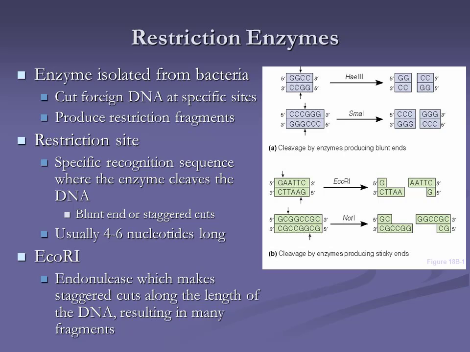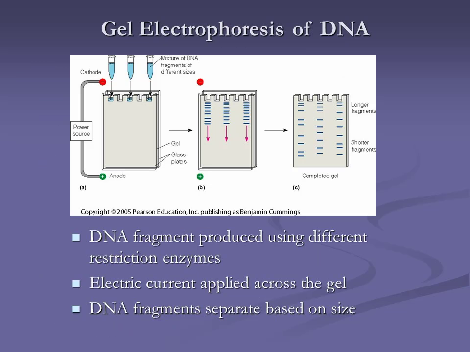And so we use these restriction enzymes to tell us a lot about the DNA that we're investigating. When we make our cuts, we usually take the fragments of DNA that result and run them out on gel electrophoresis, and you separate the strands based on size.